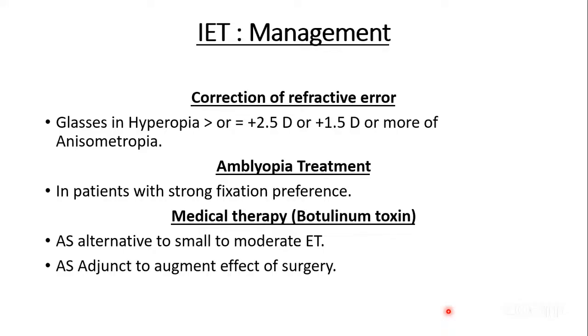So it is a way to avoid doing a third muscle in the primary surgery. Why avoid the third muscle? To avoid the risk of consecutive exotropia, overcorrection. So regarding complications of the surgery, what are the complications?